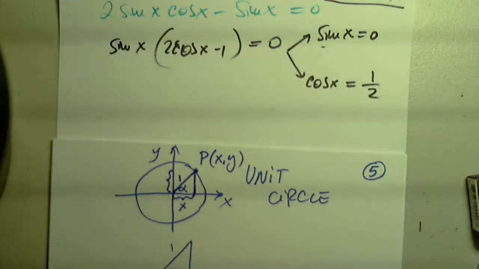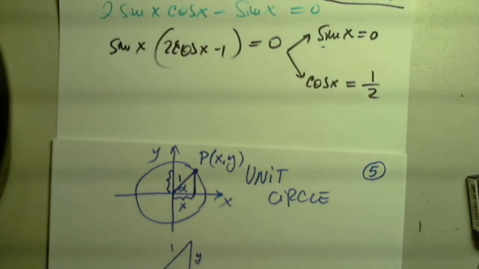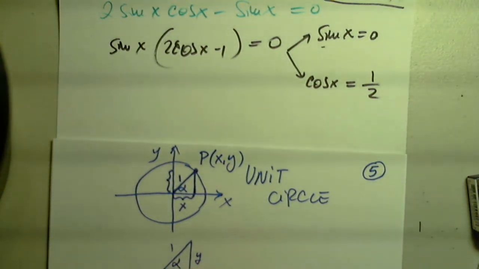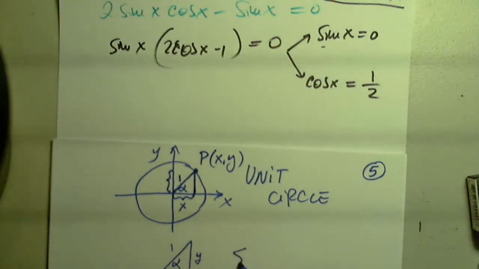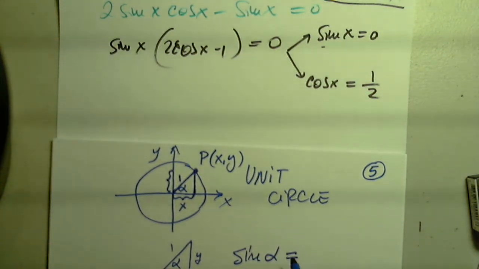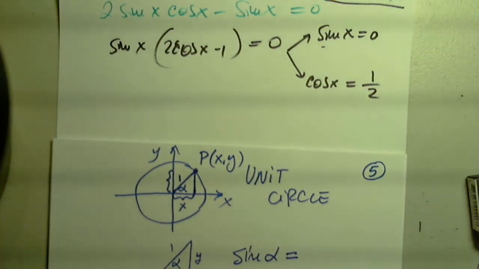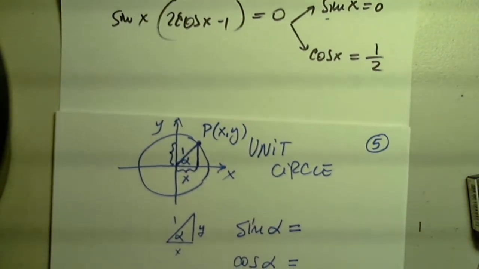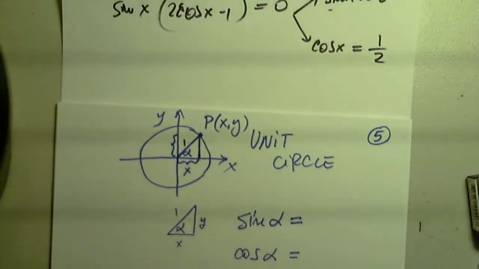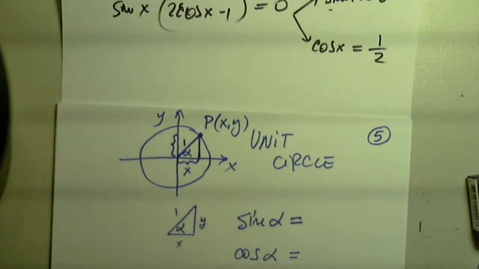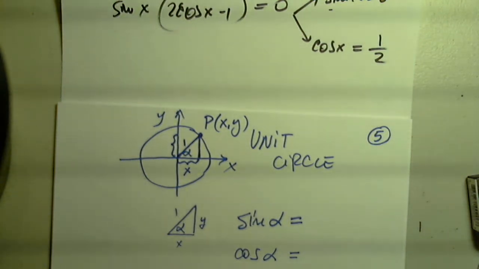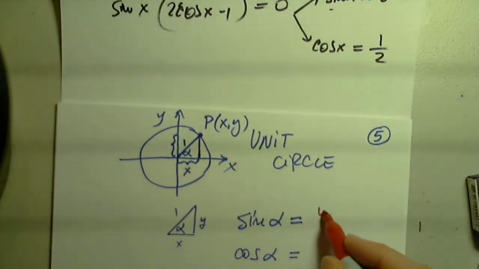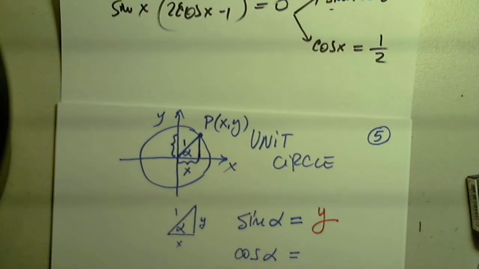So this is 1, this is x, and this is y, and this is angle alpha. So what does sine alpha equal and cosine alpha equal? Sine would be y over 1. Good. And cosine x over 1.